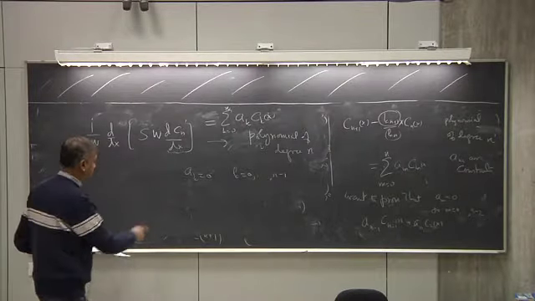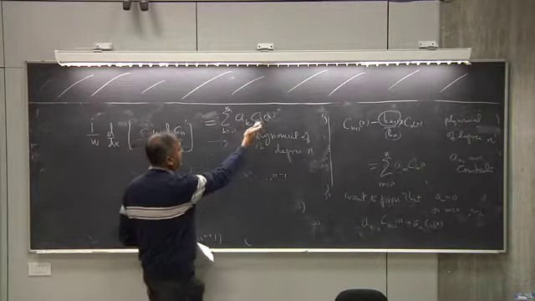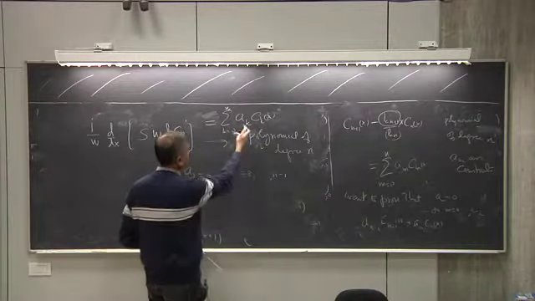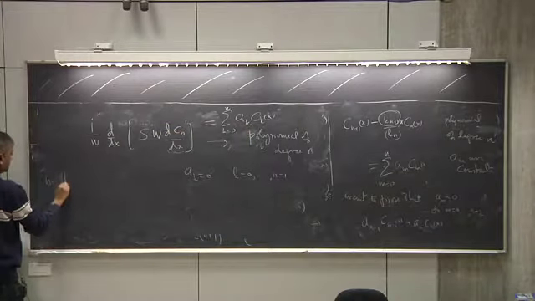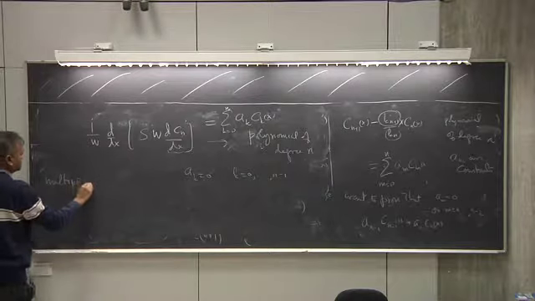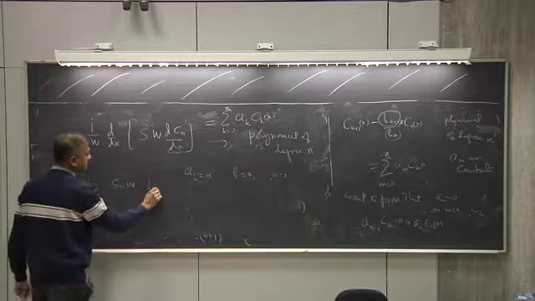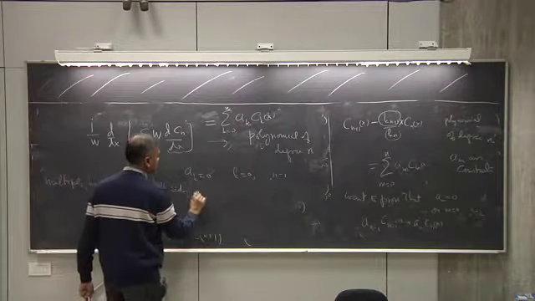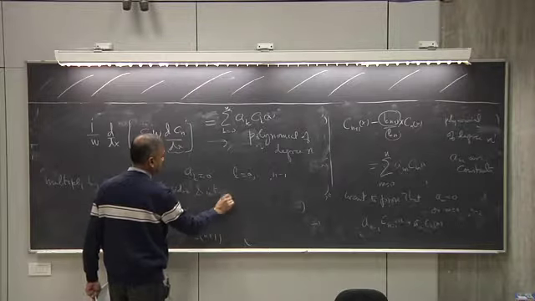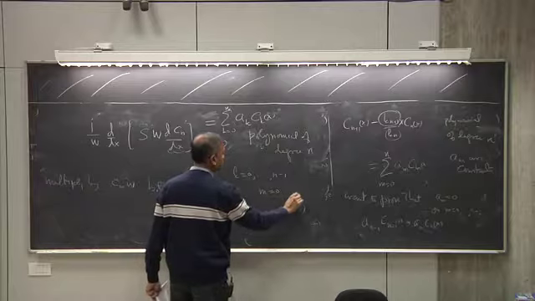So how to show this? Again, the same thing. Just multiply by some C_m. So multiply by C_m times W on both sides, and integrate, for m equal to 0 up to n minus 1.